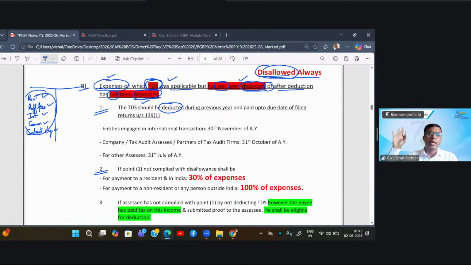They have given some timeline. I'm not going by that timeline. PGBP says, I am giving you my timeline. What is my timeline? That the tax should have been deducted any time during the previous year. In short, in our case, since our financial year for the exams is 25-26, you are required to deduct TDS latest by 31st of March 26.